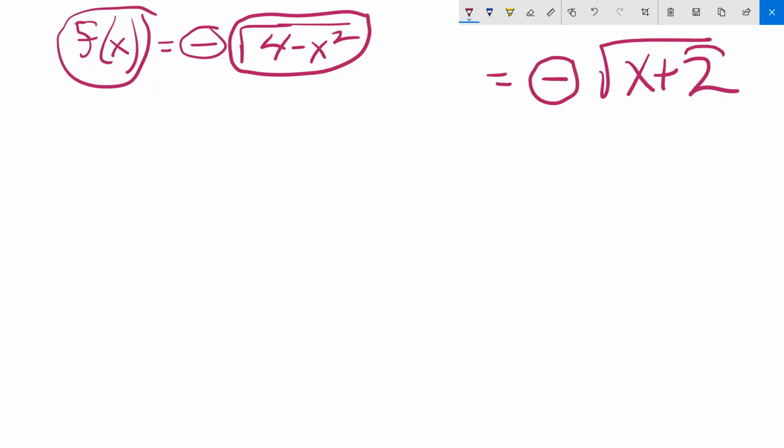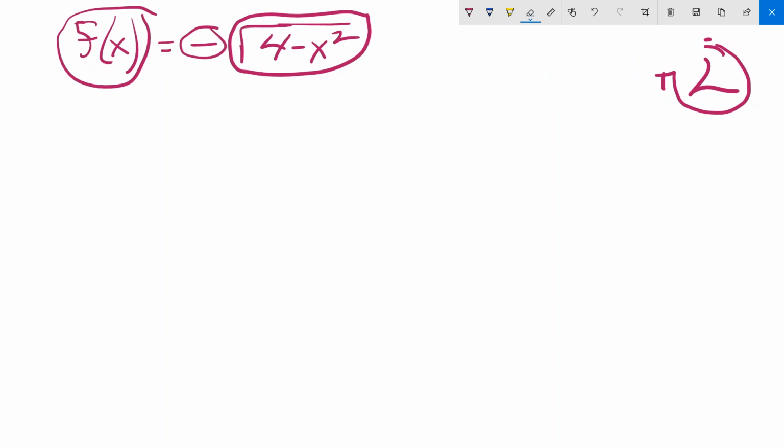That represents a horizontal shift by 2 units to the left, and the parent function is square root of x. Okay, you follow all that? Yeah. Well, this particular problem you gave me, what is the parent function? X squared. Or would the square root cancel it? That's what I'm confused about.